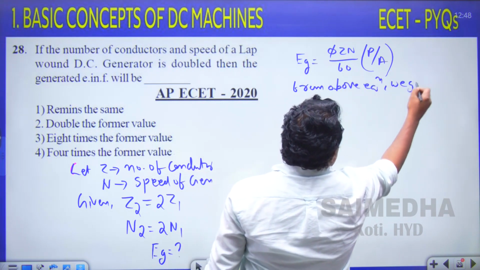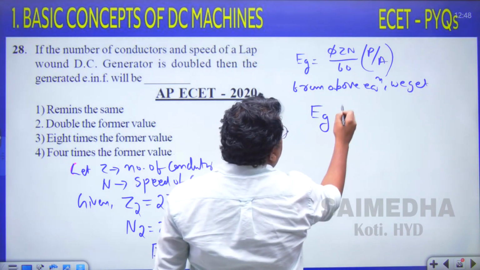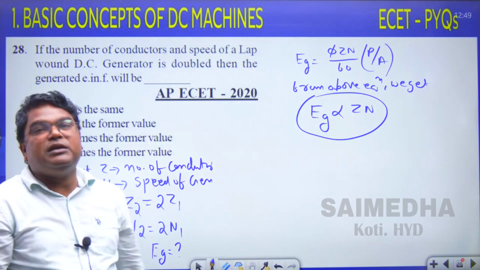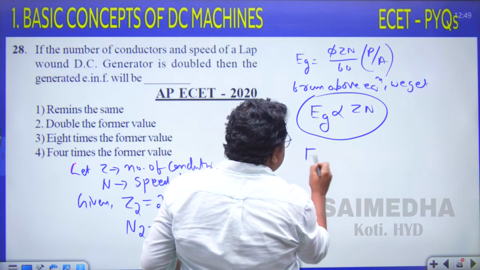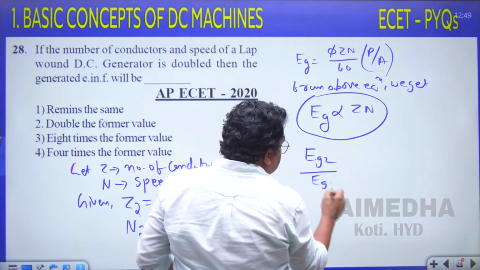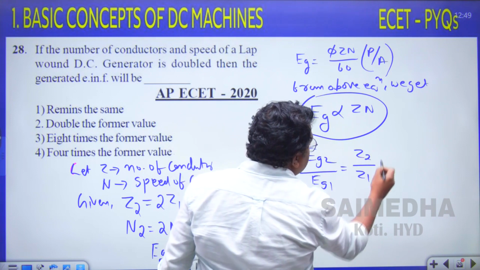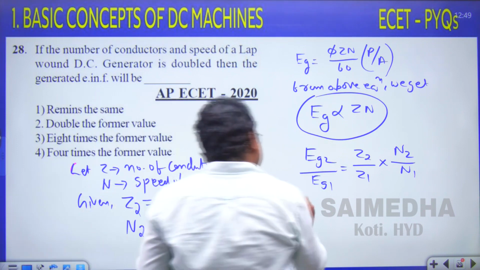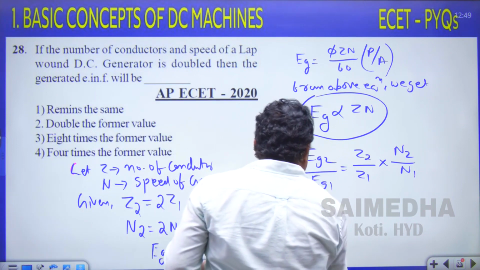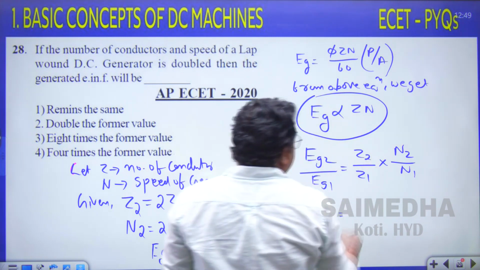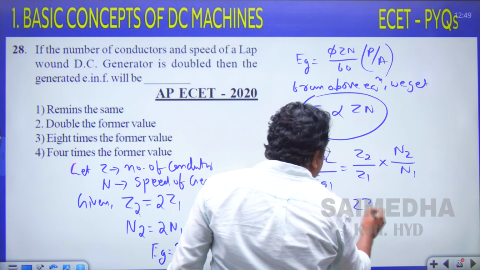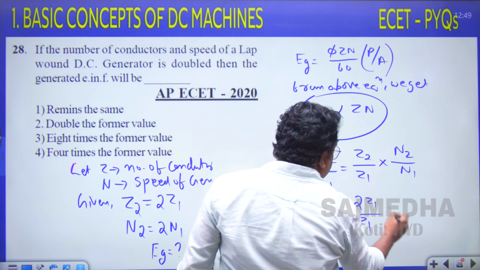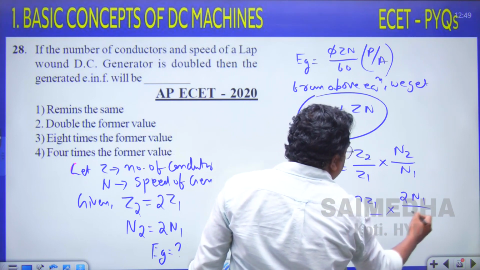So from the above equation, the generated voltage is directly proportional to the product of the number of conductors and the speed of the generator. So this can be written as Eg2 divided by Eg1 is equal to Z2 divided by Z1 into N2 divided by N1. Here Z2 is 2 times Z1 and N2 is 2 times N1.